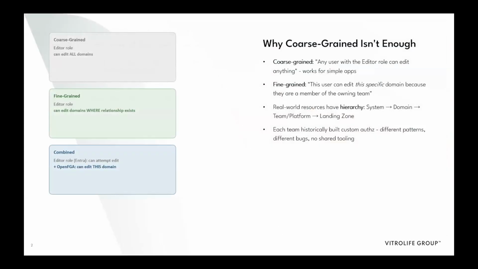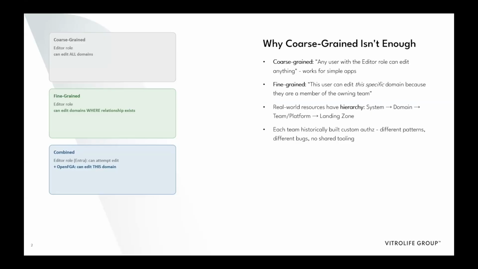When we looked at this, we said that we can't just use Entra because it's either you get everything or nothing. That didn't work for us. But we also felt like we couldn't just go ahead and do fine-grained, because we want to have the ability to give everything through Entra.